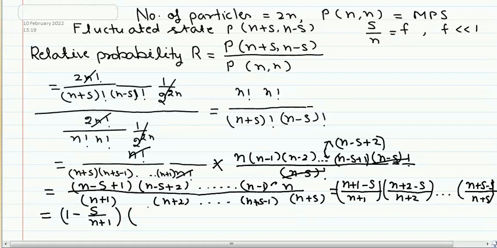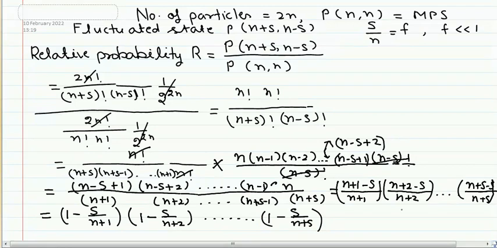And in the second term again we will divide it by n plus 2, so it will be 1 minus s upon n plus 2, and then so on. And what will be the last term? Last term will be, we will divide it by n plus s, so it will be 1 minus s upon n plus s. So this is the last term.